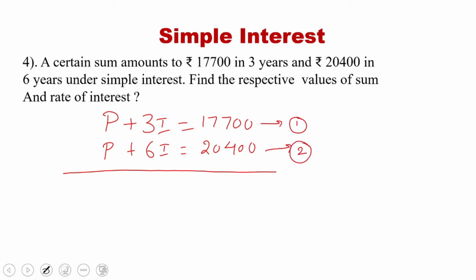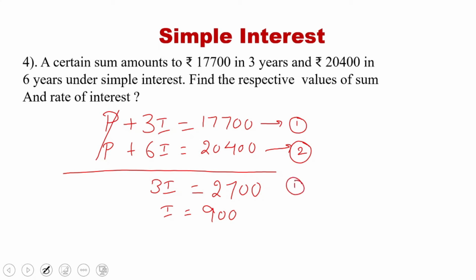Take 2 minus 1, the difference. Then 6I minus 3I is 3I equal to how much value? 2,700. Now see, I value equal to 900. Interest is 900.